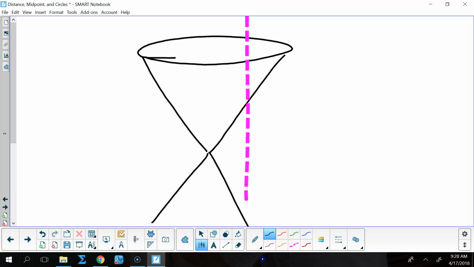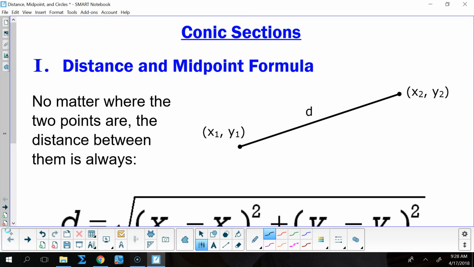So, in order to get into this, we need to refresh our memories on 2 key mathematical concepts. The first one is the distance formula.